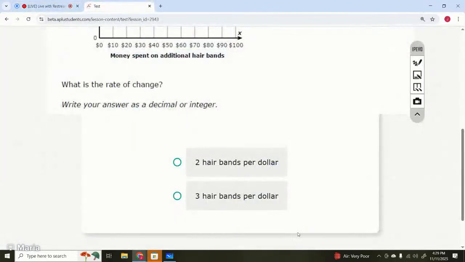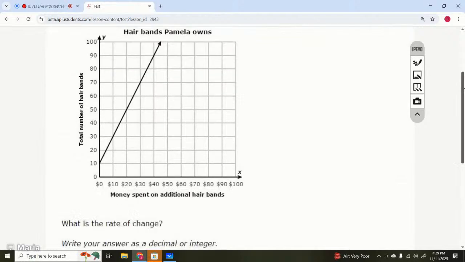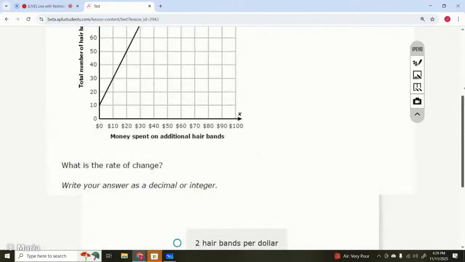Okay, the next one is: this graph shows how the total number of hair bands Pamela owns is related to the amount of money she spends on traditional hair bands. What is the rate of change?